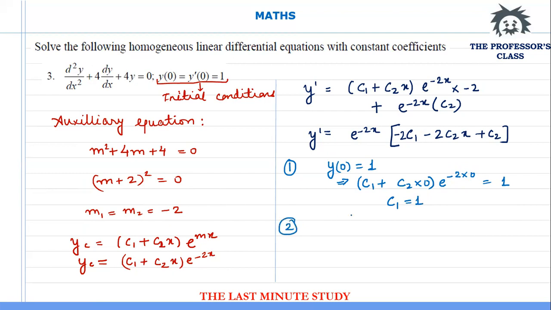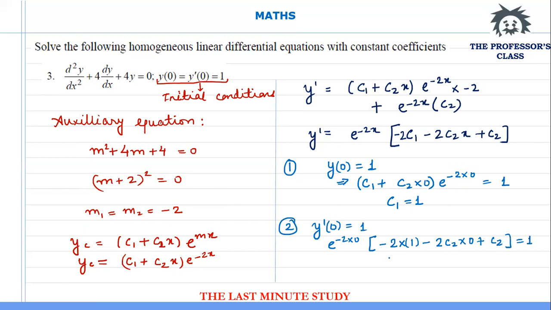Now if I calculate the value of c2, I'll be using this second equation, the equation of y dash. We know that y dash of 0 is equal to 1. So if I substitute the value over here, I'll get e raised to the power minus 2 into 0, multiplied by c1 minus 2. We already know the value of c1, so we can substitute it over here. Minus 2 c2 into 0 plus c2 is going to be equal to 1.